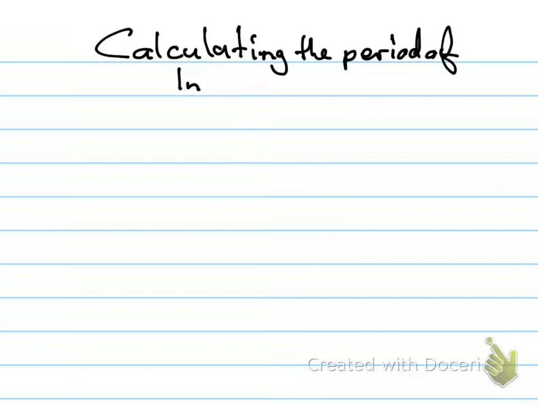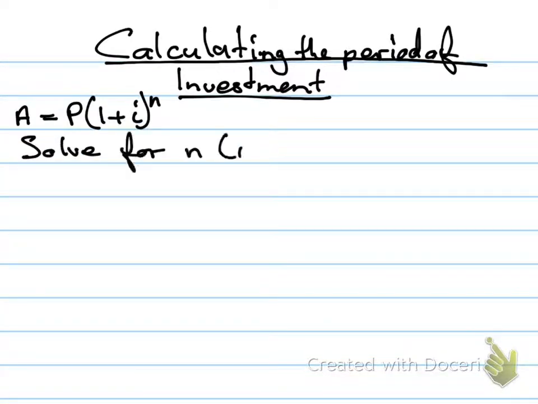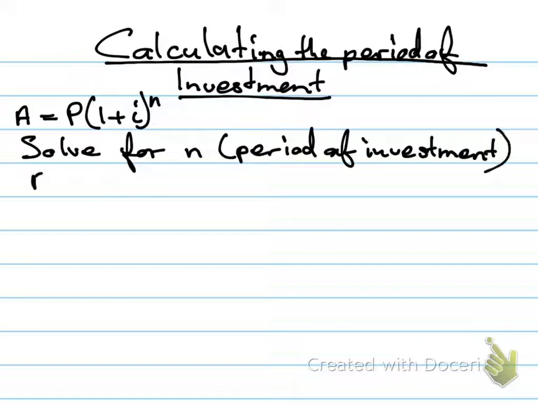But now we're going to be using logarithms to calculate the period. So calculating the investment period, if it's not given, we are going to be using logarithms, and it makes it simpler. If you are given the compound formula and you are asked to find the period of investment, you have to use logarithms.